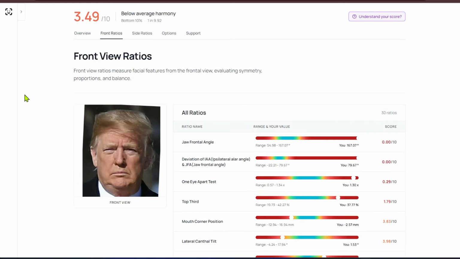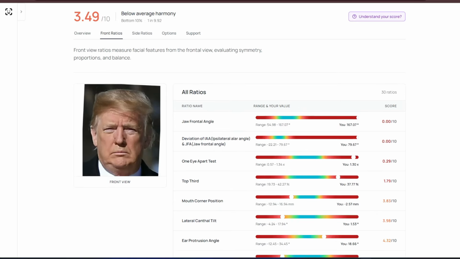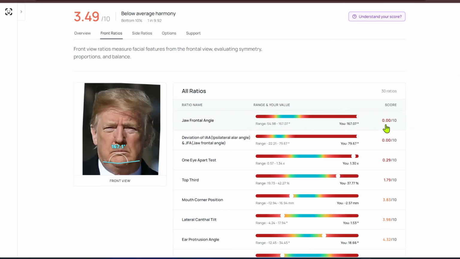So on faceiq Labs, it gives us an entire breakdown with the visual guides, and his lower score is a 0 out of 10. Same with the deviation of IAA, which is the ipsilateral alar angle, and the JFA, jaw frontal angle. So these two are actually 0.